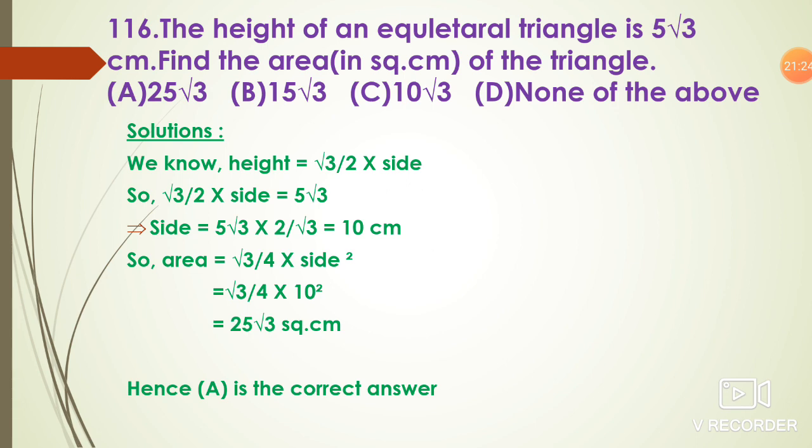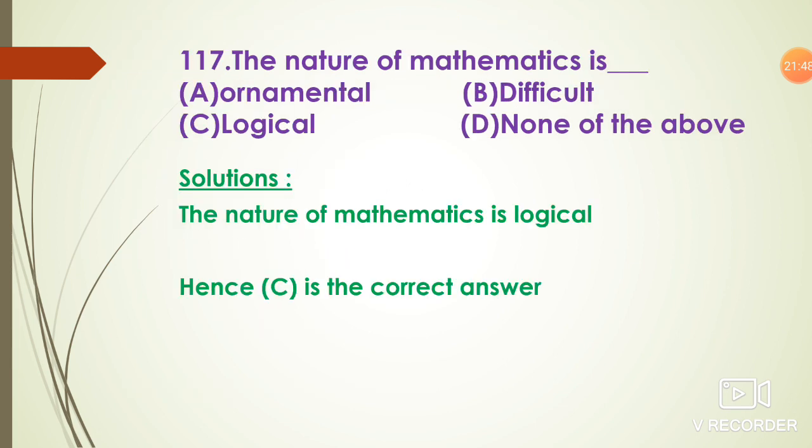So side equals 5 root 3 into 2 by root 3, that means 10 centimeter. And we know that the area of an equilateral triangle is root 3 by 4 into side square. After putting the value of side, we will get root 3 by 4 into 10 square, that means 100. So after cancelling, we will get 25 root 3, and A is the correct answer.